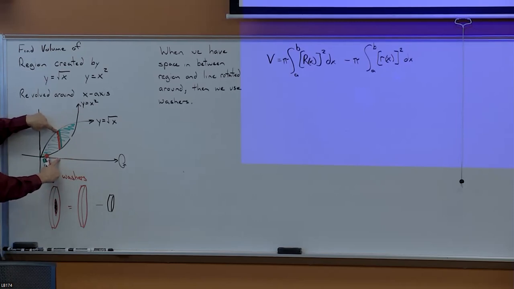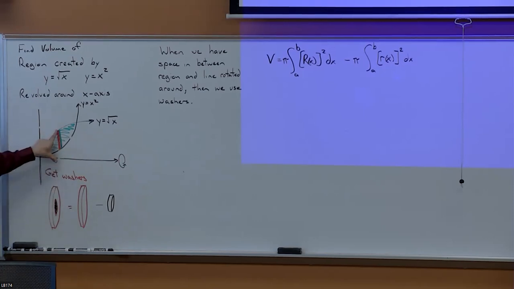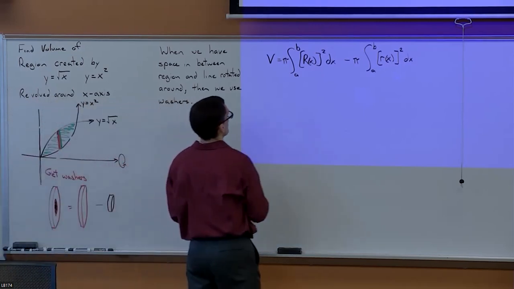And the smaller radius is going to go from x squared down to 0 in this region. So bigger radius is from square root of x down to 0. Smaller radius, inside edge, is x squared down to 0. So that's how the volume is going to work out.